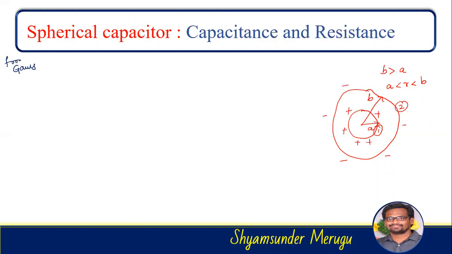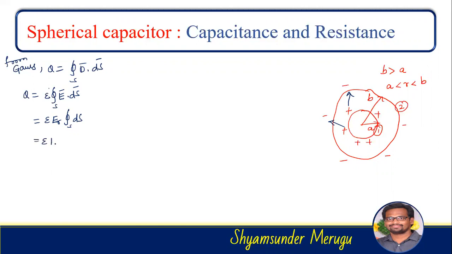So from Gauss law, we know that Q equal to the closed surface integral of D bar dot dS bar, and we can write this D bar as epsilon E bar. So taking epsilon outside, the surface integral of E bar dot dS bar. Here the flux lines are going in the direction of the radius of the sphere. So here we will be writing E_R and the surface integral dS, and the dot product leads to scalar quantities.